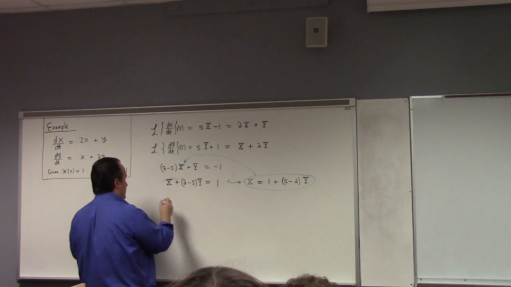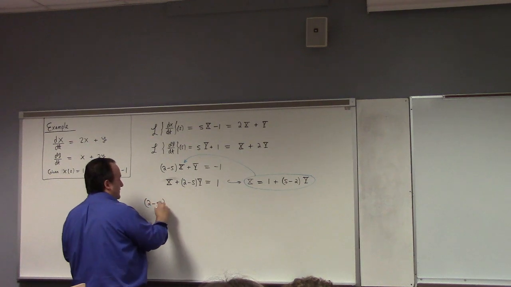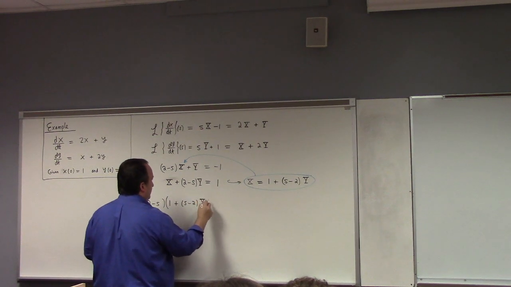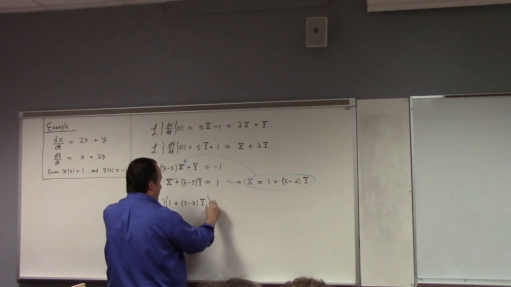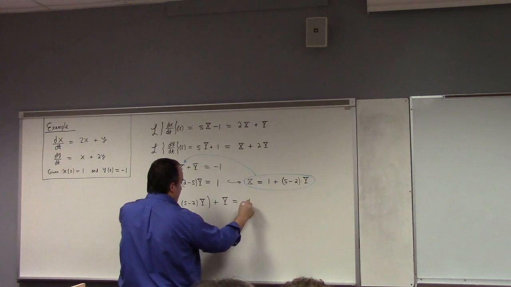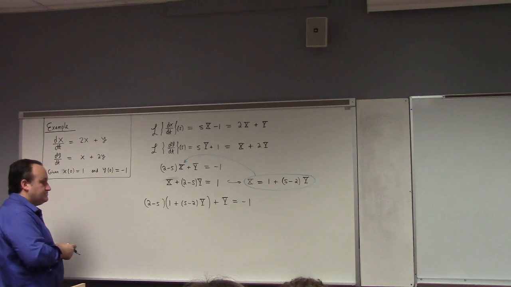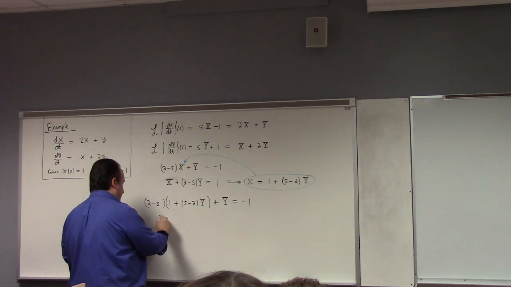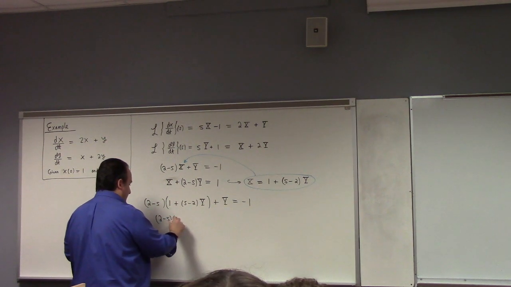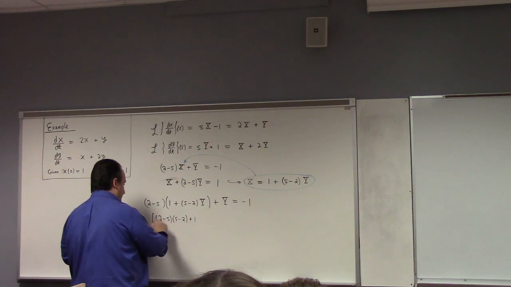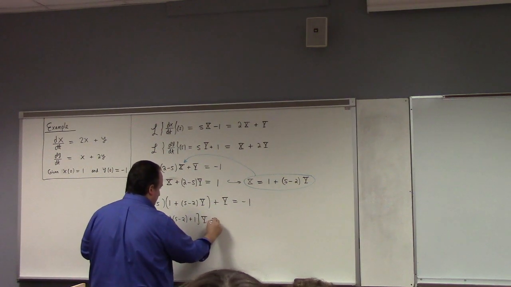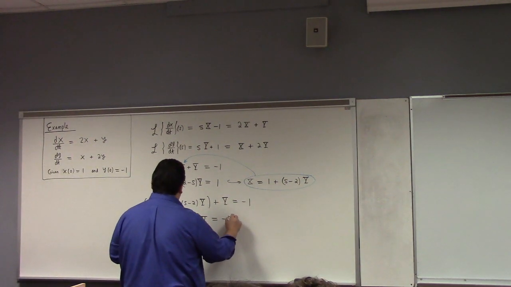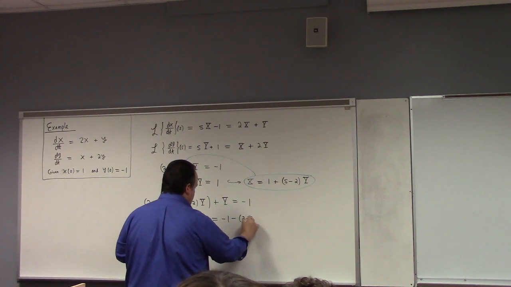And that gives me (2 minus s) times (1 plus (s minus 2) times big Y), plus big Y equals minus 1. Which gives me (2 minus s)(s minus 2) plus 1, times big Y, equal to minus 1 minus (2 minus s).